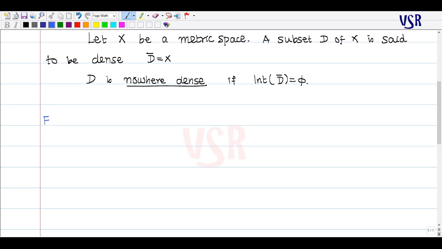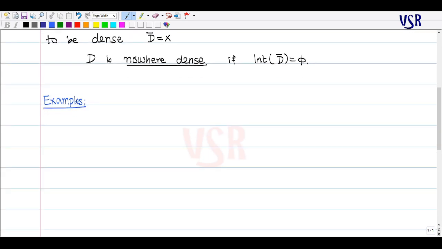Examples. What are all the nowhere dense sets? We have shown that, number one, every finite subset of R with the usual metric is nowhere dense.